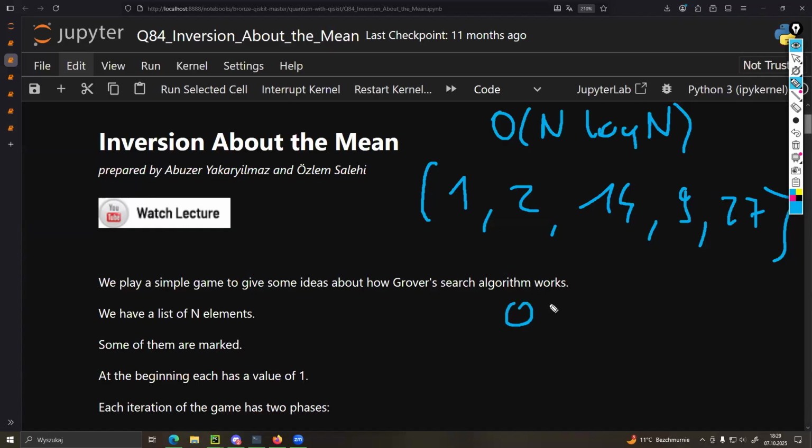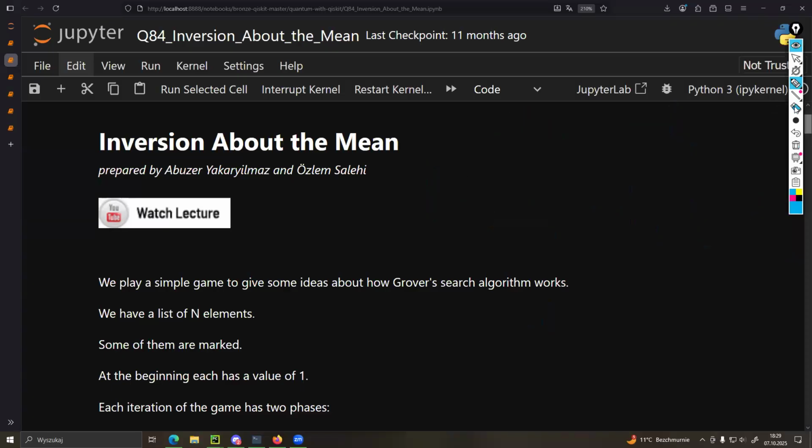The best scenario is like O(1) or let's say O(N), because you just want to search through the entire list and check every single element once, right? And this is what you would do. However, in quantum, we can do better.